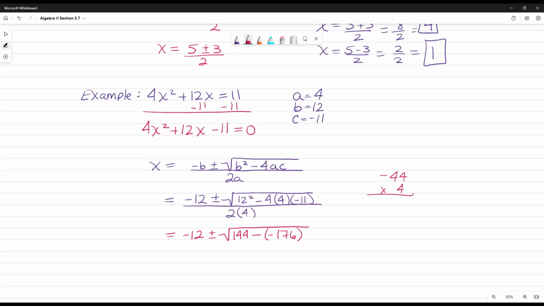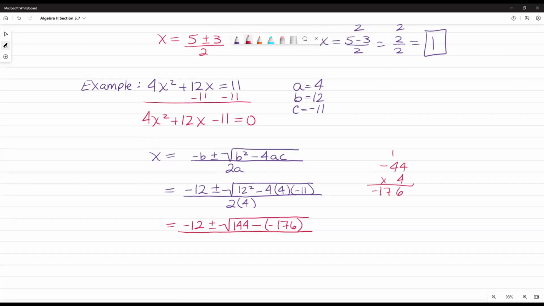I'm going to make sure I did that right. 16, carry my 1. Yeah. So negative 176. And all of that is over 8. 144 plus 176 is 320.